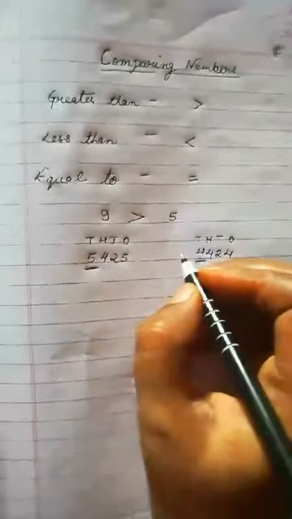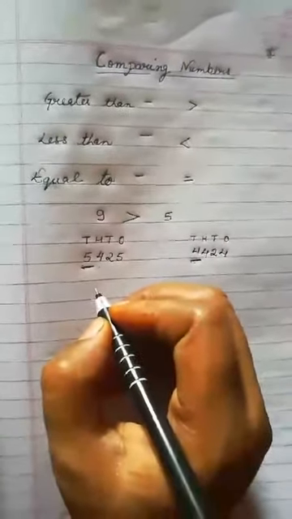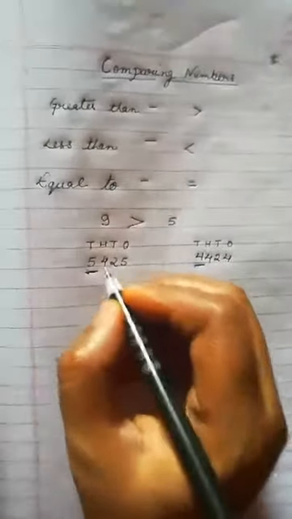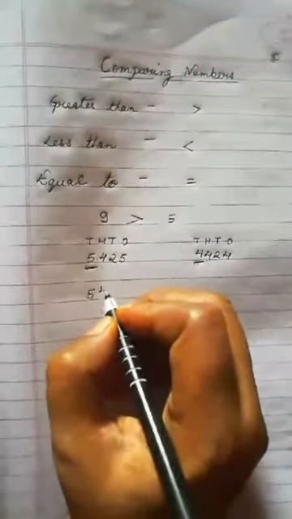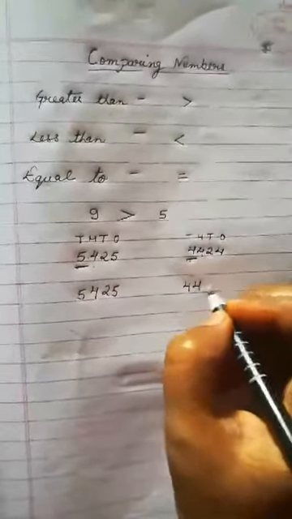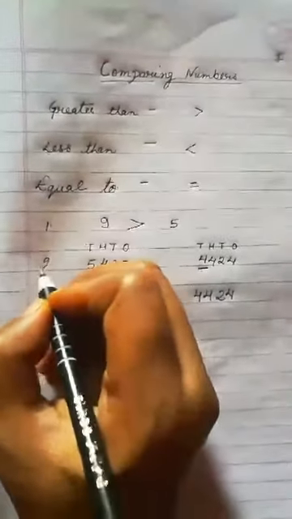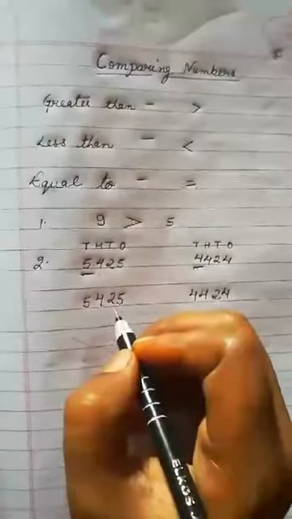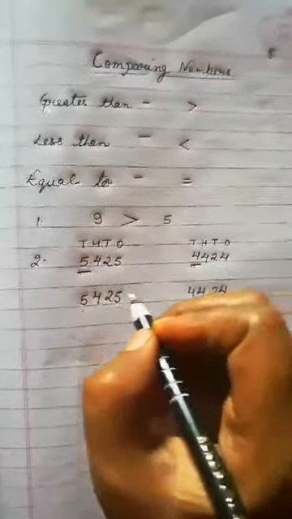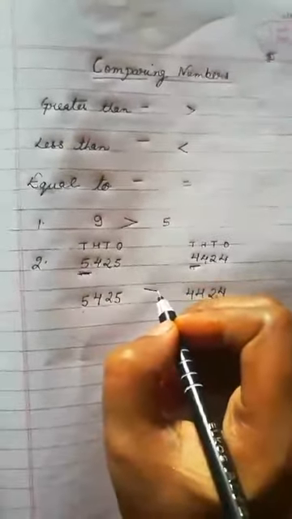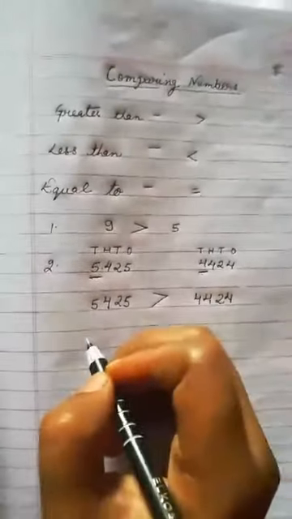This. So we will put the greater than sign in front of this. 5425, 4424. Which number is greater? This number. So we will put the greater than sign in front of this number.